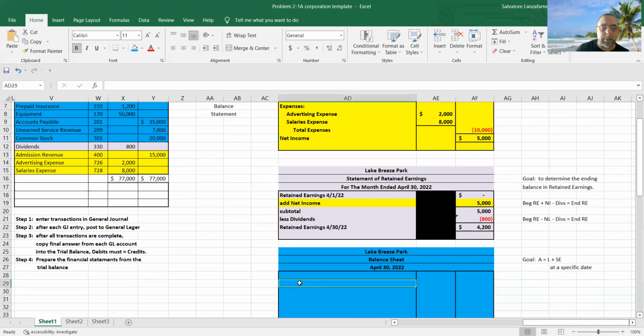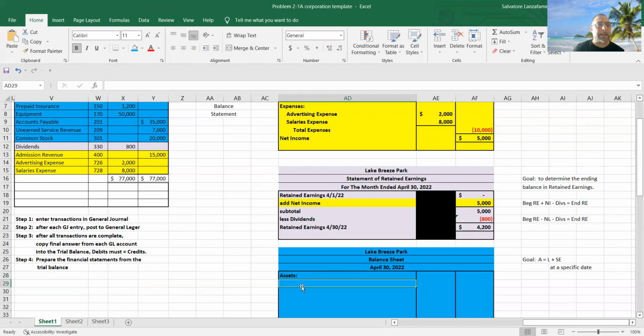So let's go ahead and do this. Now, when you get to chapter 4 in your accounting course, this balance sheet will have a little bit more stuff in it, so it'll look a little bit more full than the one you're about to see.